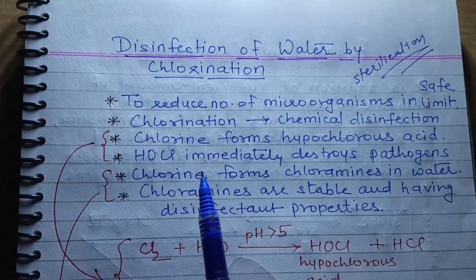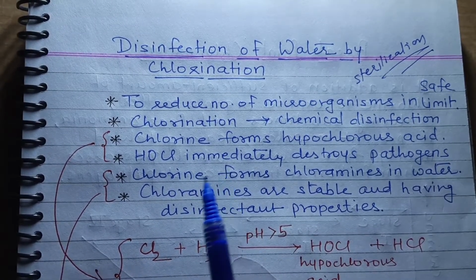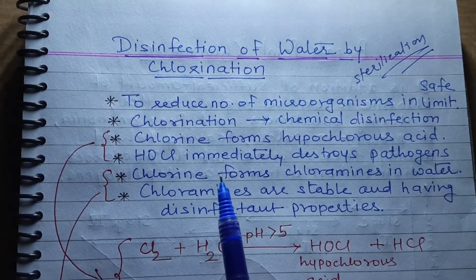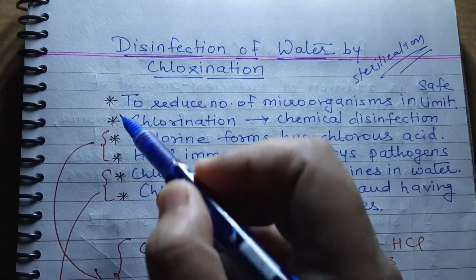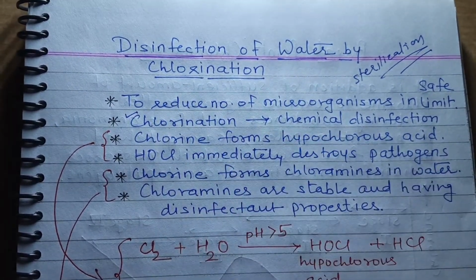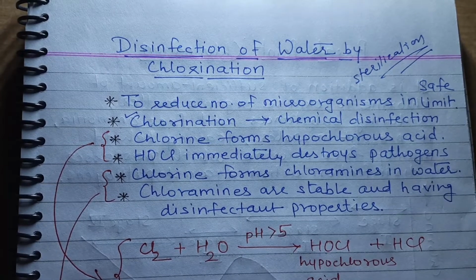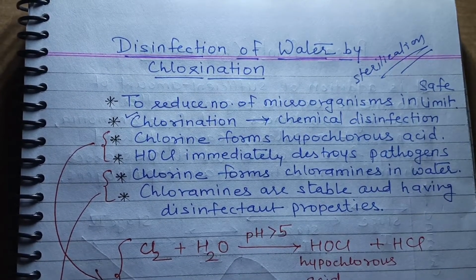So for this we can add bleaching powder, we can add potassium permanganate, and ozone is also a chemical disinfecting agent. But the most popular and most commonly used is chlorination, the use of chlorine. Chlorine can be added directly, or it can be added in the form of tablets.